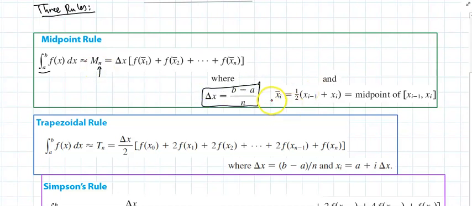And if we remember, x sub 1 was the midpoint, x sub 2 was the midpoint. So you take x sub i minus 1 to x sub i, the endpoints, add them and divide by 2, and there it is.